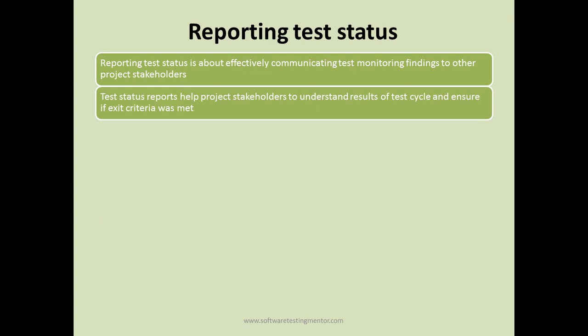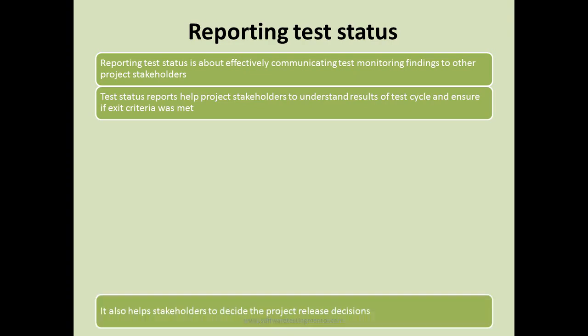Then test status reports help project stakeholders to understand the results of the test cycle and ensure that the exit criteria were met. Based on the test status report that is provided to project stakeholders, they are able to understand what the status of the test cycle is and whether the exit criteria have been met or not.